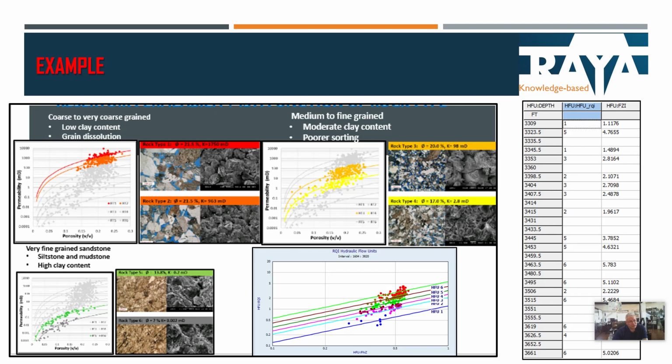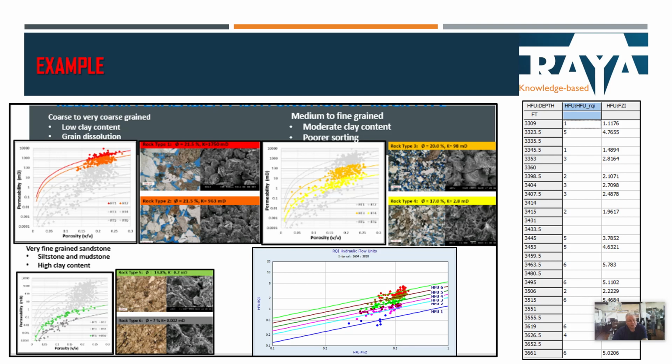In this plot, which is RQI versus normalized porosity, we can calculate FZI where the curve for each flow unit intersects the y-axis at normalized porosity equal to 1.